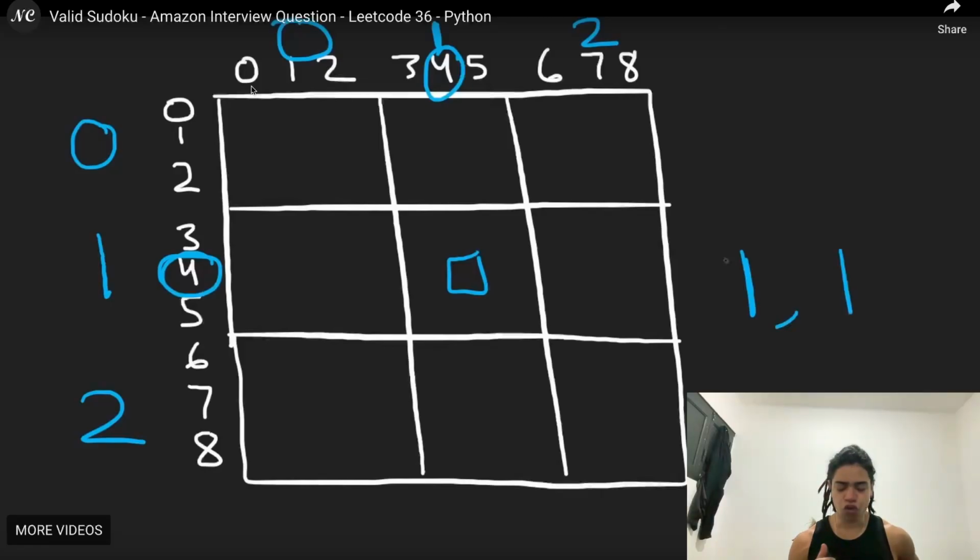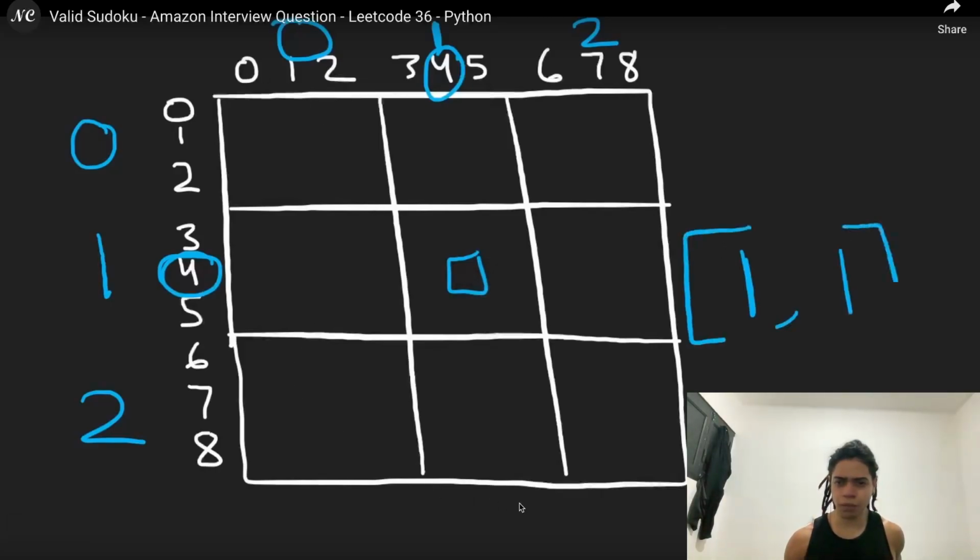You might wonder why 3: because of the representation of our grid, they must fall into this box.